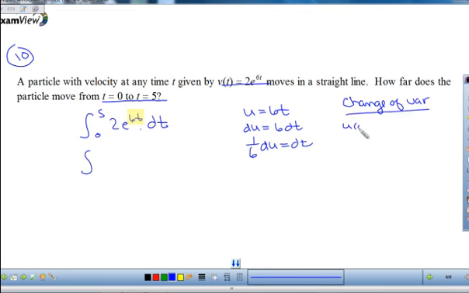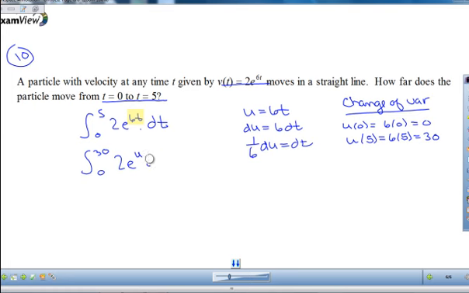So when x is 0, u is also 0. When x is 5, u would be 30. So I'm going from 0 to 30 of 2e to the u times 1 over 6 du.